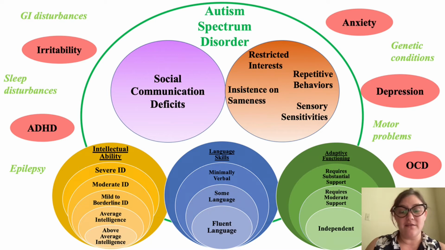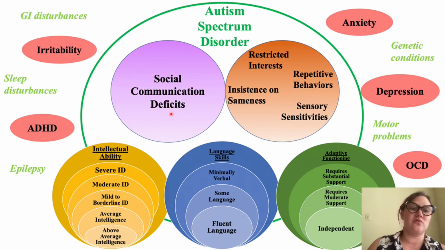In this slide, this gives you a visual representation of what I just presented to you. So you'll see that autism spectrum disorder has these two major categories of impairments or symptoms.